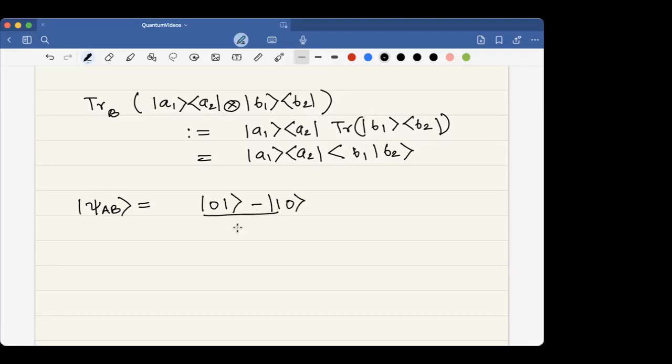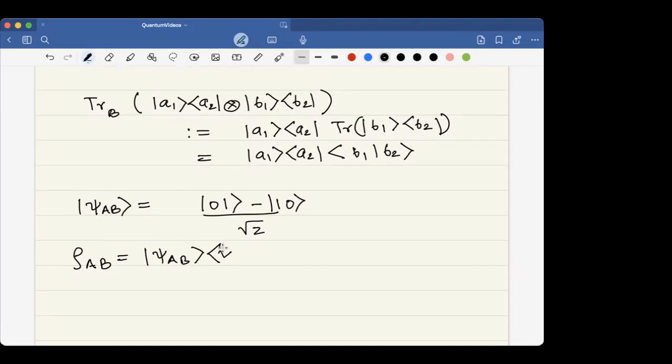This is a state in C2 tensor C2, and let's compute the partial trace over the subsystem A. So it will give you a state in subsystem B. The first thing to do is to write the density matrix of this pure state.